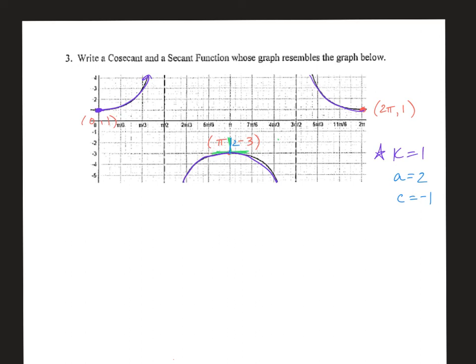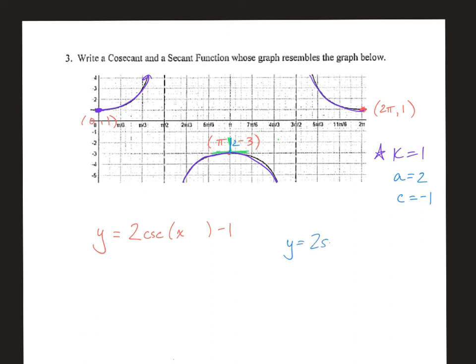So, as I go through to create that equation, I've got some standard stuff. I know that I have an A value. I'm now trying to decide cosecant, with possibly a phase shift, possibly not, shifted down 1.